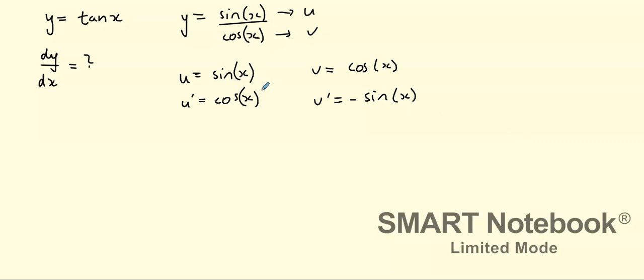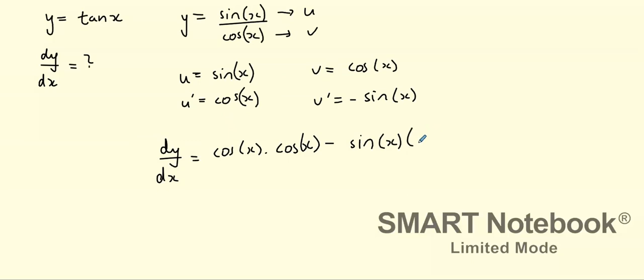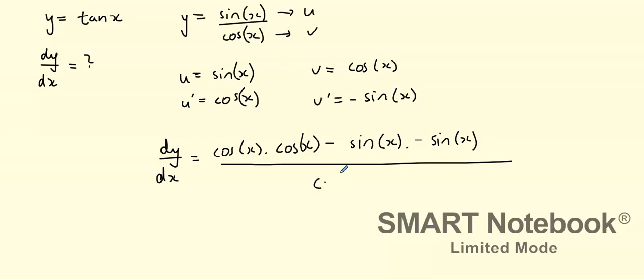Once I have that, we need to use the quotient rule. So let's do that. dy by dx equals v times by u dash. It has to be in that order. Cos x times by cos x minus sine x times by, in fact, v dash is minus sine x, so sine x times by minus sine x all over v squared, which is cos squared x.